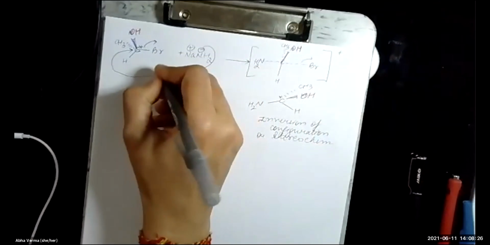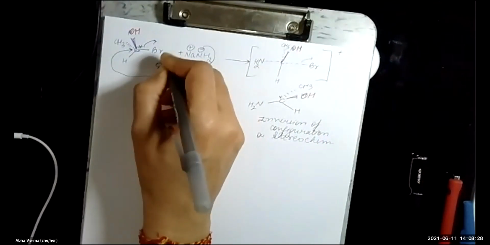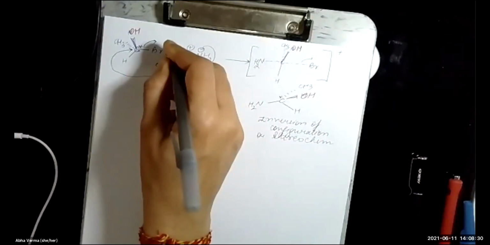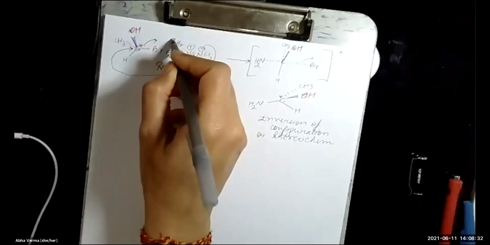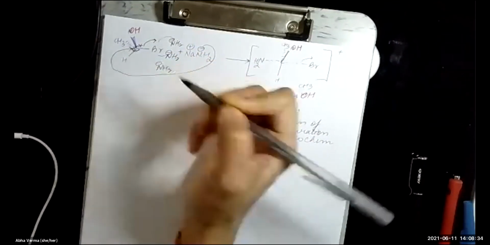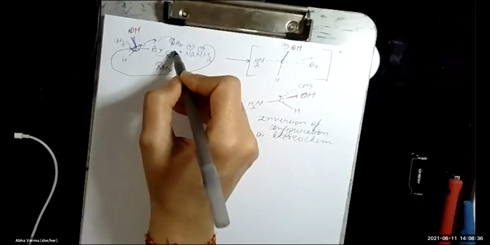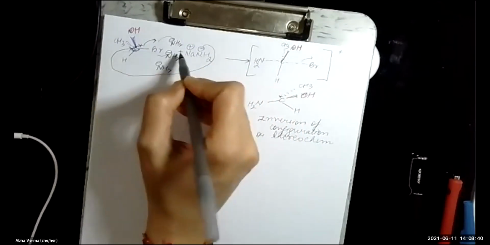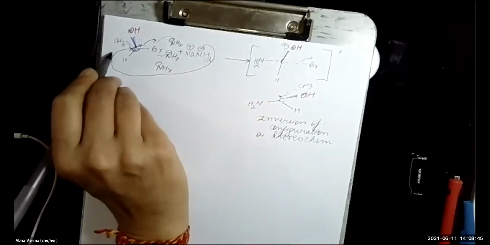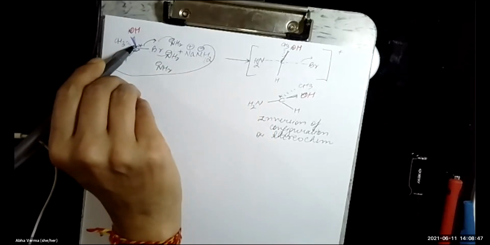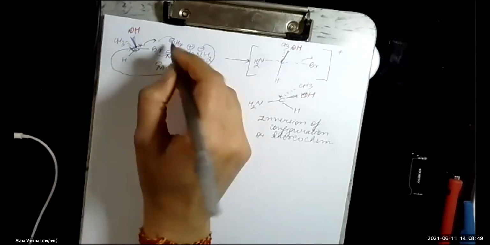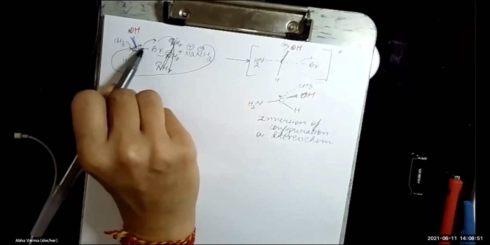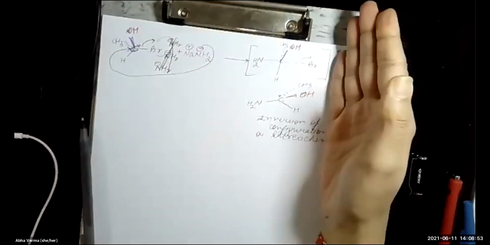There will be a couple of NH2s here. If they try to approach this electrophilic carbon, the bromine leaving will bump into these and probably not leave and will stay back. But if the NH2 attacks from the back side, it'll be easier. There'll be nothing here, so it'll be easier for the bromine to transition out.